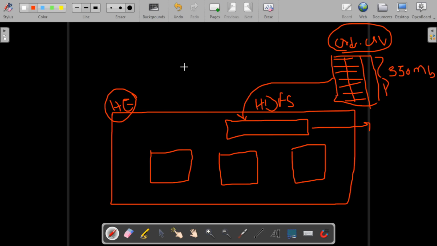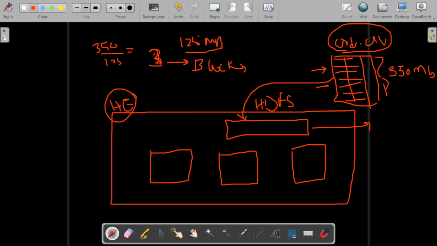What HDFS does is cut the huge file into chunks of 128 MB each. So 350 divided by 128, we will get three small files, and these three small files are called blocks.